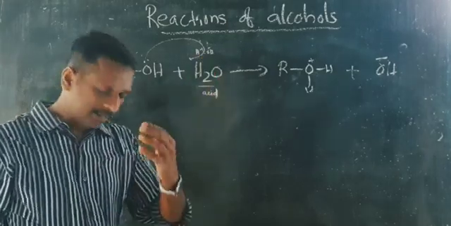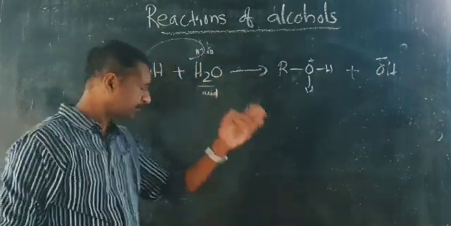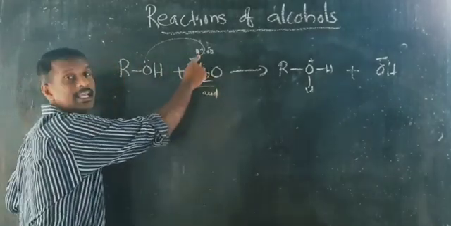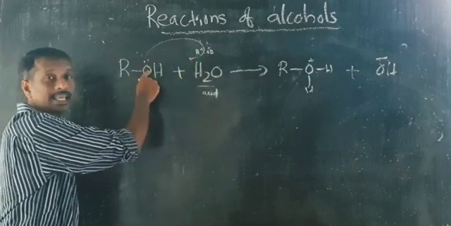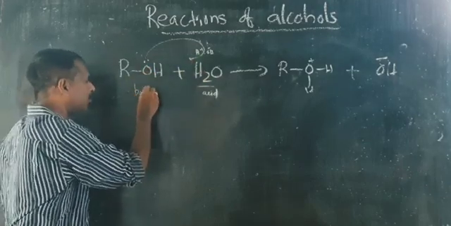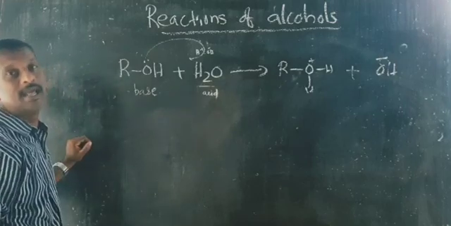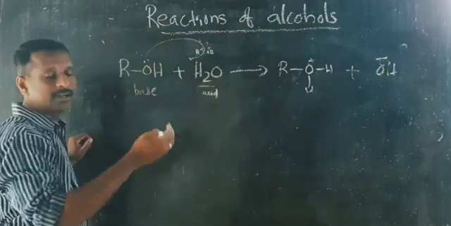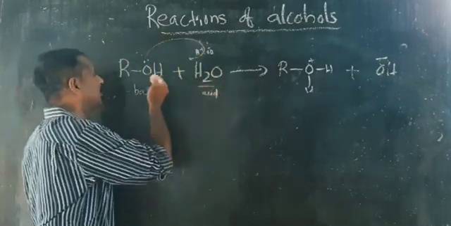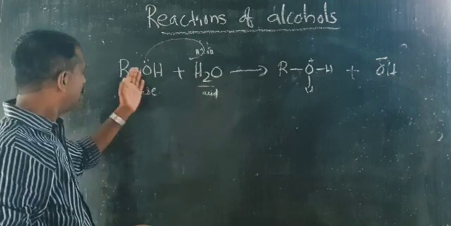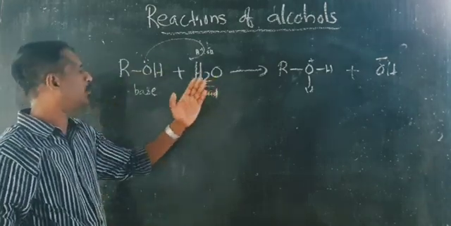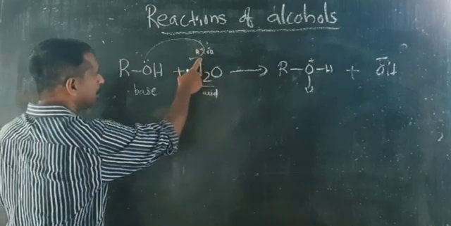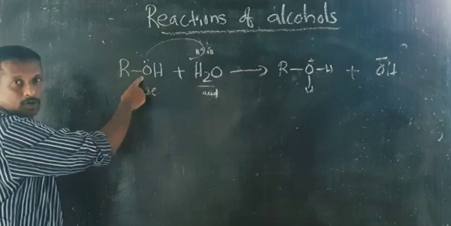Here water is acting as acid. What do you mean by acid? The species which can donate an H+ ion. Here in this reaction, water is donating the H+ ion, and that H+ ion is taken by alcohol. Therefore, alcohol is acting as a base in this reaction. That means when you compare the acidity of alcohol and water, we can see that water is more acidic than alcohol. When you mix alcohol and water, the proton is transferred from water to alcohol.